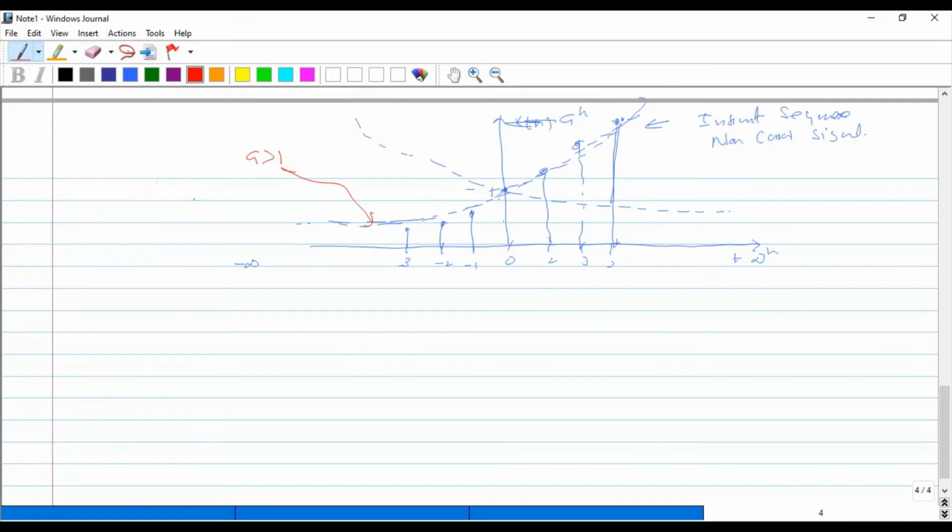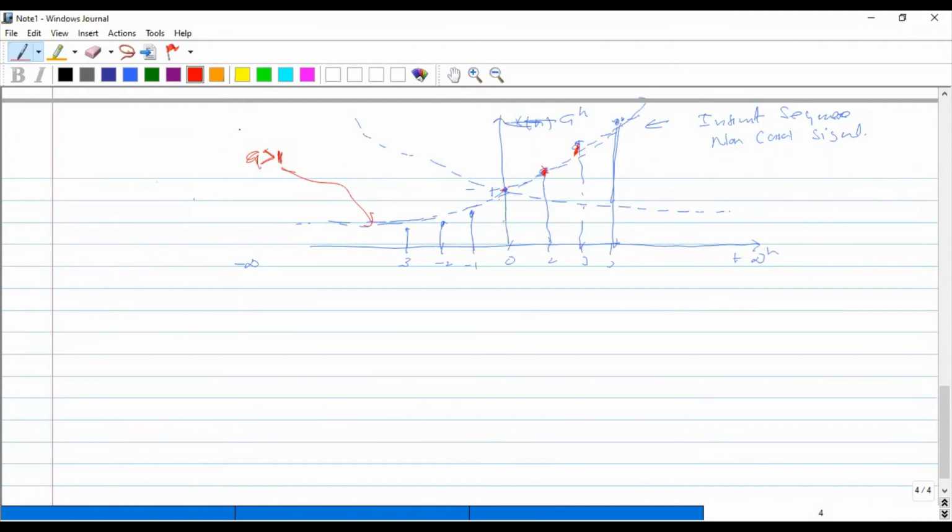That is why a^0 is 1, a squared is more than 1, and a^3 is also bigger than the previous value. It happens when a is greater than 1.